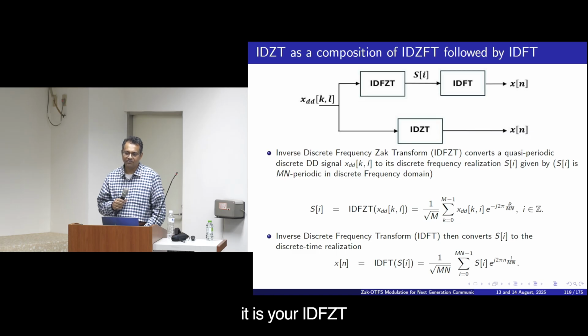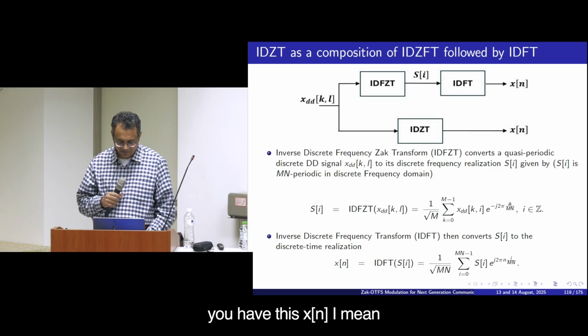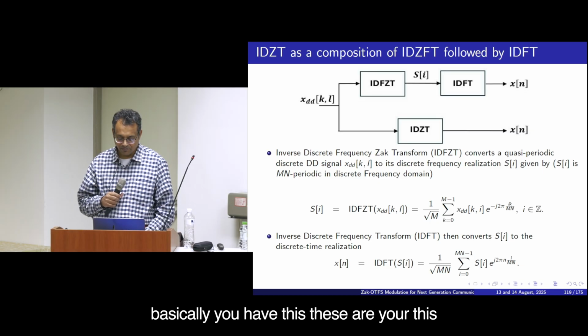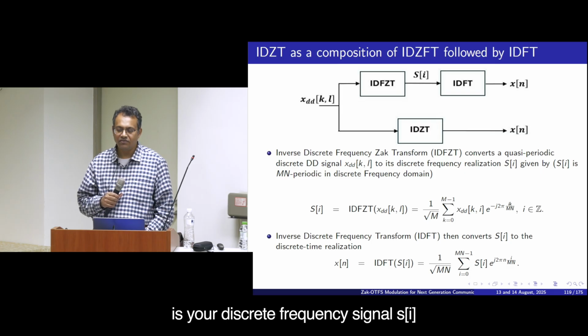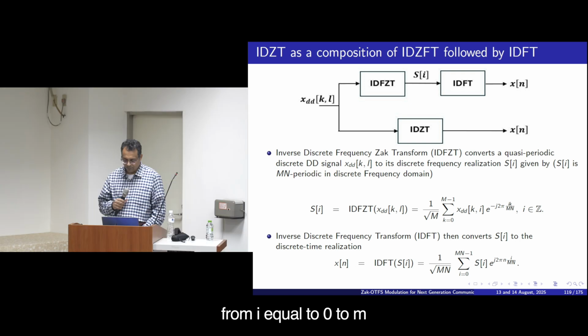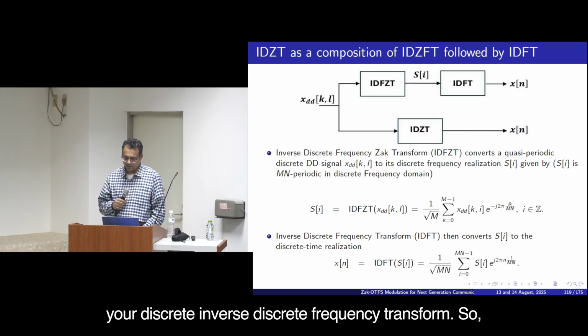It's your IDFT, the inverse DFT that all of you know. You have this discrete frequency signal S[i] for i equal to 0 to MN minus 1, and this is your inverse discrete Fourier transform.